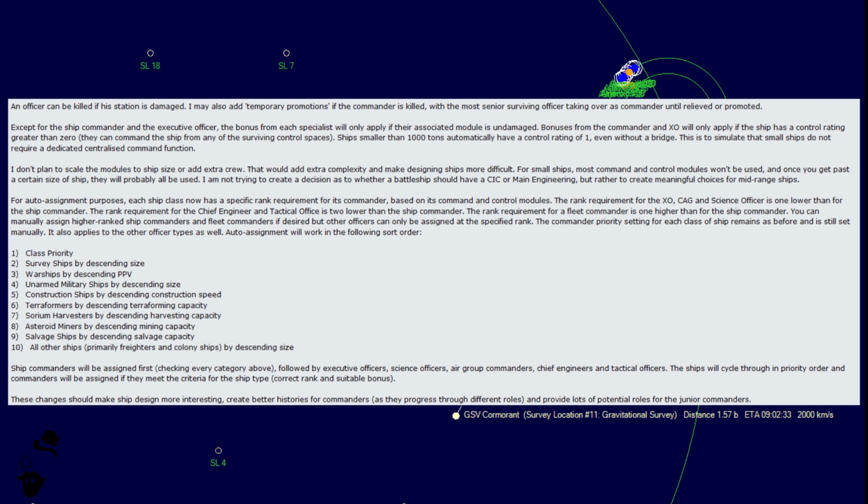So they're the ones who are going to be allocated to, for example, chief engineer, or chief science officer, or CIC, or anything like that. And then as they get skilled up and promoted and get higher rank, that is when they're going to get their own commission, their crew, their own ship, and then eventually might even be in charge of an entire fleet.